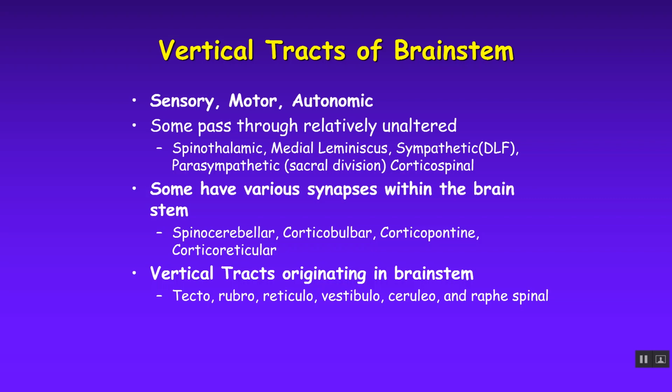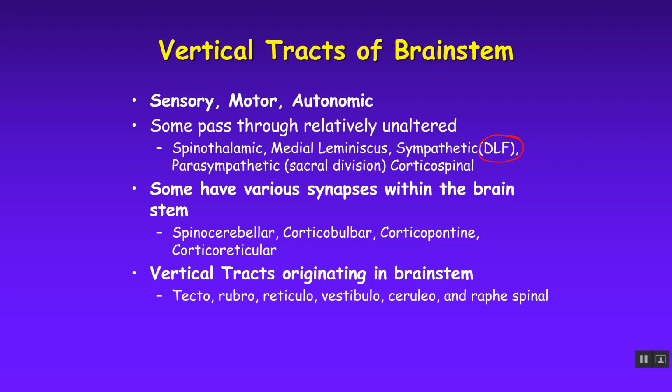There is a sympathetic pathway called the dorsal longitudinal fasciculus, the DLF. This is what runs from your hypothalamus down through your brainstem to drive sympathetic fibers from the thoracic T1 to L1, L2 region. It's going to communicate with those sympathetic fibers to drive sympathetic control, because your hypothalamus is your master controller.